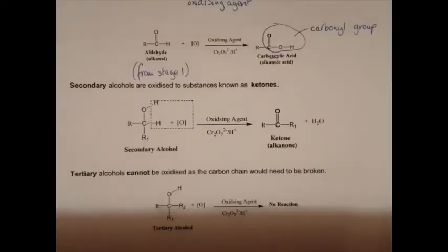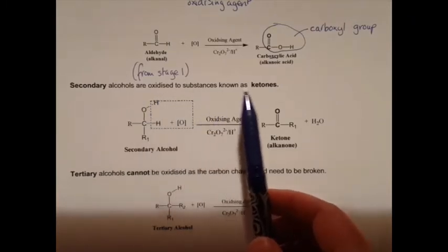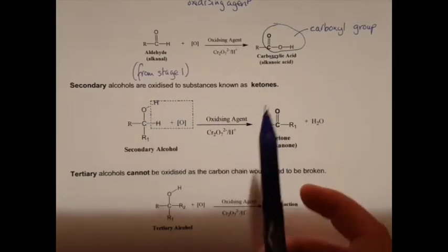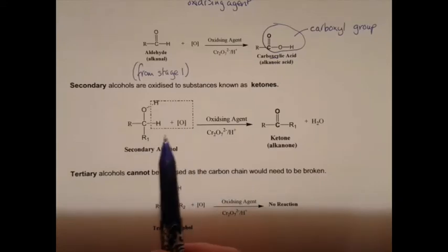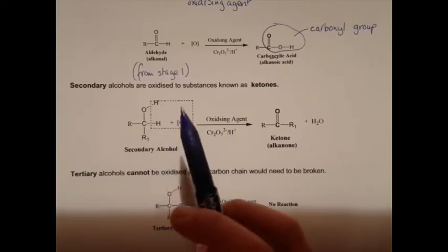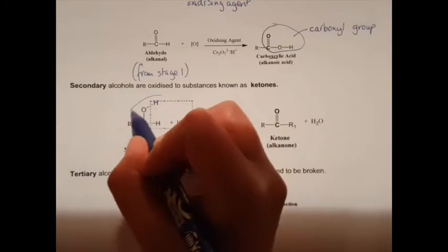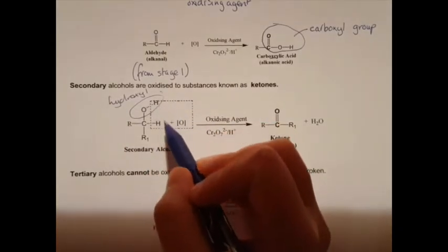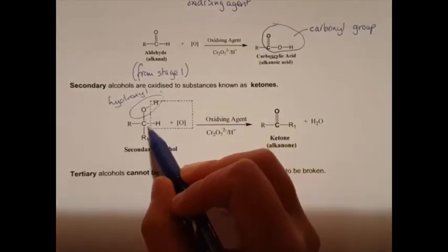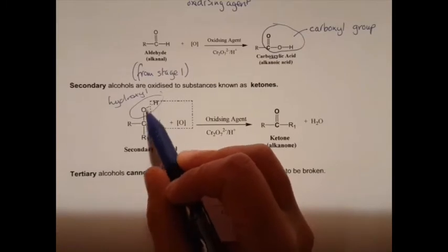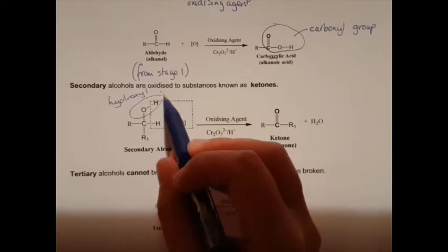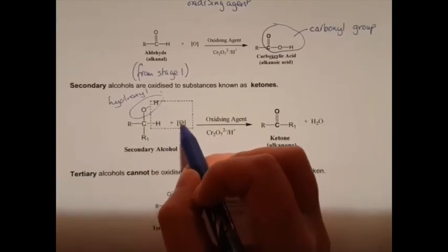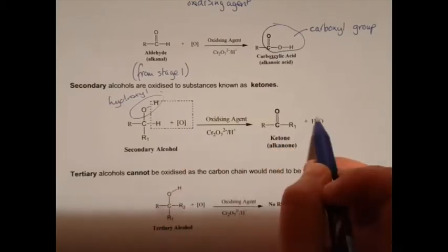Okay, so we're now going to look at the oxidation of secondary alcohols. Secondary alcohols are oxidized to substances known as ketones, and this is similar to the first stage of oxidation of the primary alcohols. So you've got your hydroxyl group here, and the hydrogen of the hydroxyl group and the hydrogen that's attached to the carbon that's also bonded to the hydroxyl group are going to be removed from this molecule through reaction with oxygen to form water.